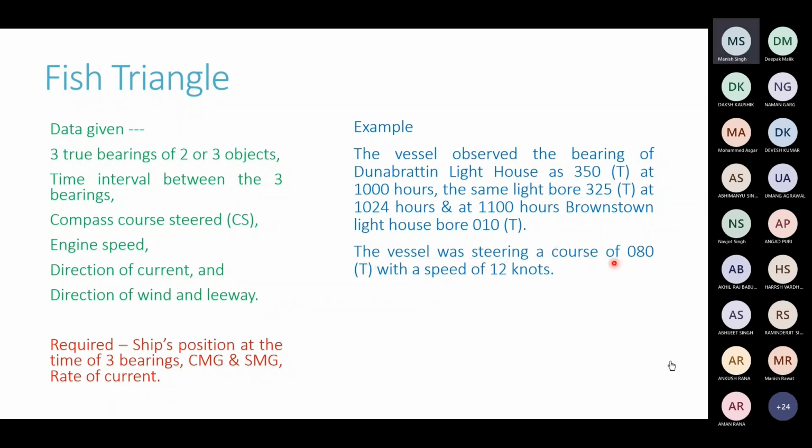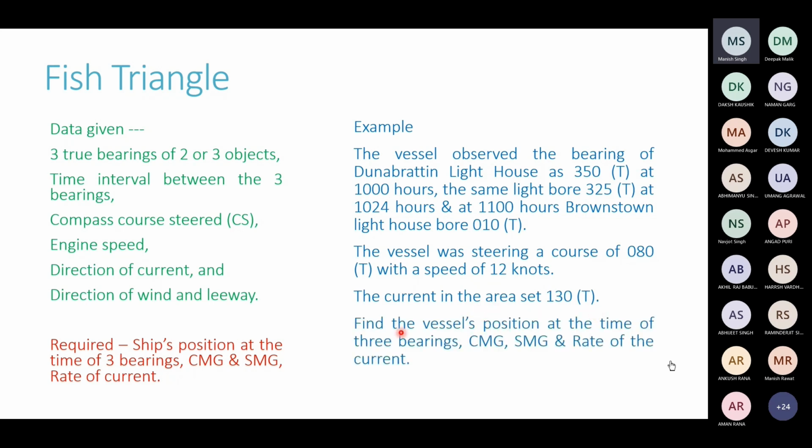The vessel was steering a course of 080 true with a speed of 12 knots. The current in the area set 130. We have to find the vessel's position at the time of the three observations, the three bearings, the course made good, the speed made good, and the rate of the current.